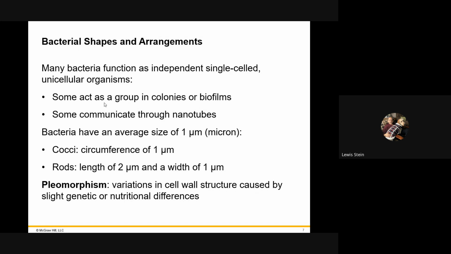It's the kind of thing we would talk about for remediation of oil spills. One that we all carry with us right now, dental tartar, is a biofilm. It has many bacteria that adhere to the enamel surface of our teeth.